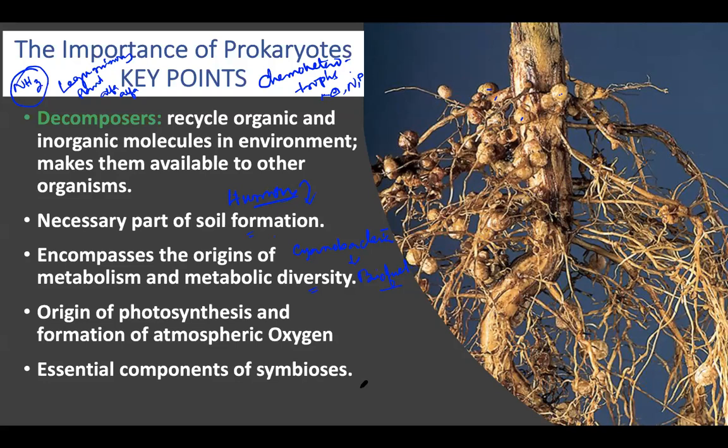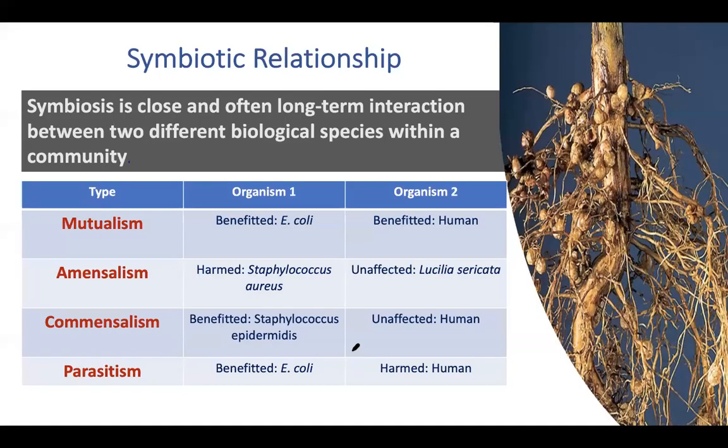Essential components of symbiosis. Symbiosis means a very close relationship between two organisms, and for a symbiotic relationship, one organism has to be either in or on the other organism. It's really close contact.